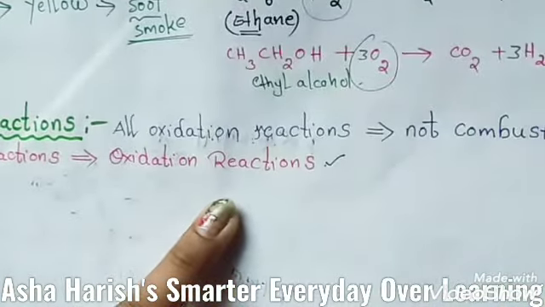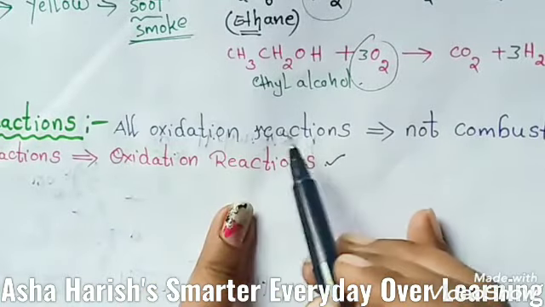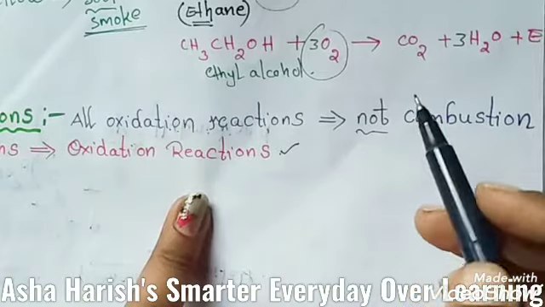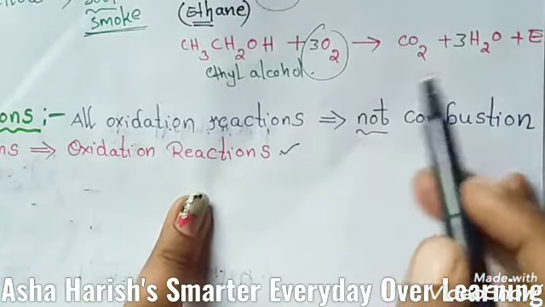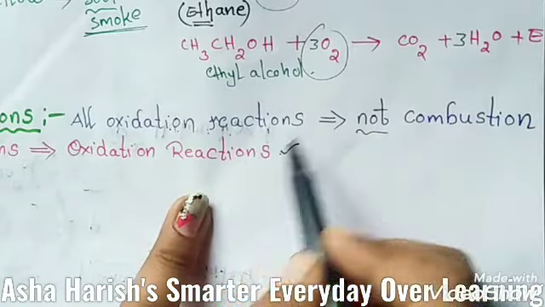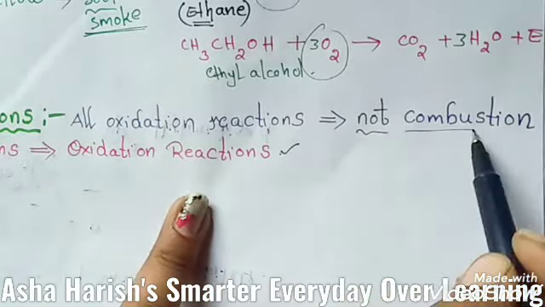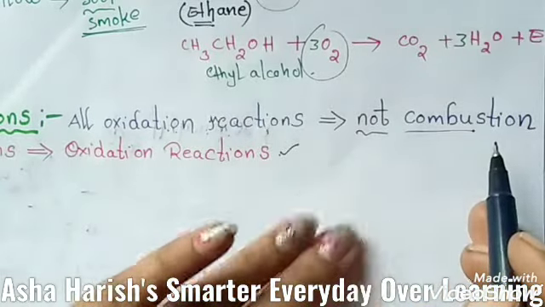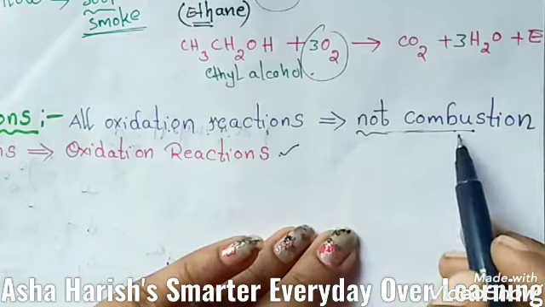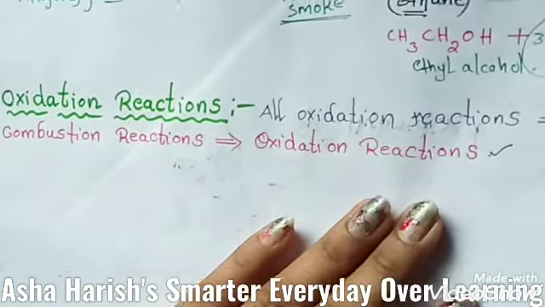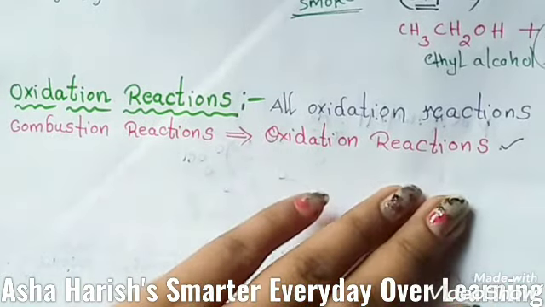And here is the new point: but all the oxidation reactions are not combustion reactions. Why? Because in oxidation reactions, if you add oxygen to any other substance, that need not be a combustion reaction. So this point is also correct. We have to remember both of these sentences.